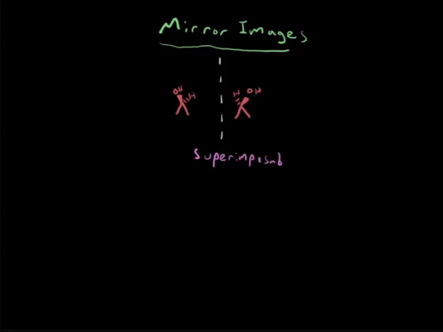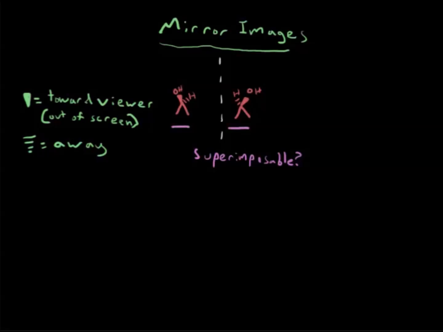We can take this one on the right, this 2-propanol, and just remind you real fast that the dark solid line means it's towards the viewer, coming out of the screen at you like these hydroxyl groups, and the dashed line means we're going away. So we can look at these, and they are in fact identical. We can take one of these 2-propanols and move it on top of the other one, and they're exactly the same. So a molecule that's superimposable on its mirror image is achiral.